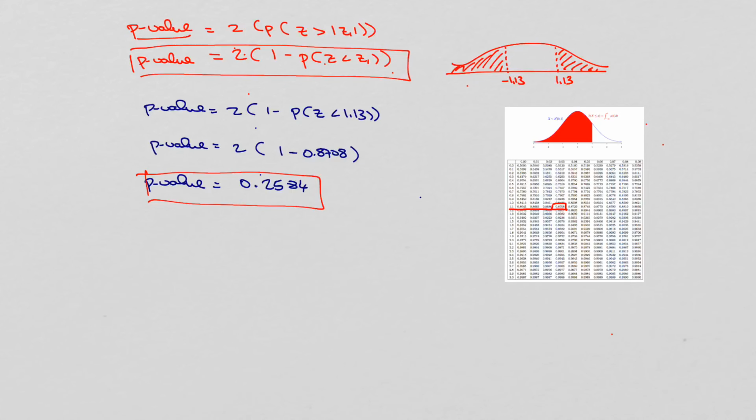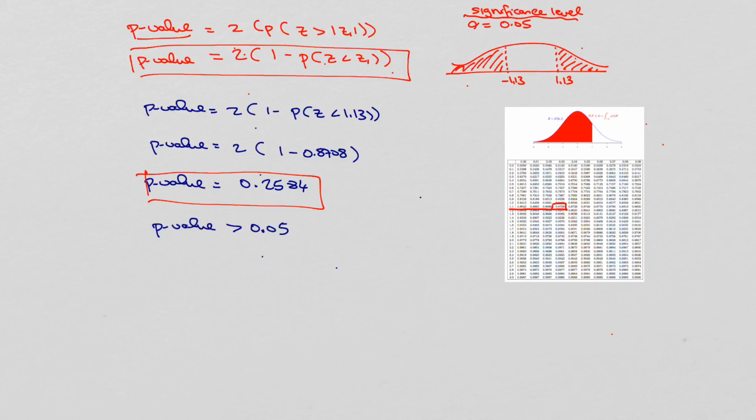So remember, if p is low, H0 must go. So when doing our p-value, we should always state our significance level. So our significance level, alpha, is equal to 0.05. So that's our significance level. Okay? And therefore, we're comparing our p-value to this significance level. So we can clearly see that our p-value, if we compare it to 0.05, is much greater than 0.05. And therefore, what do we say?